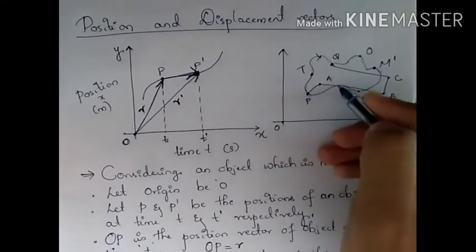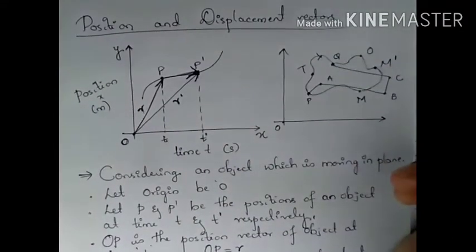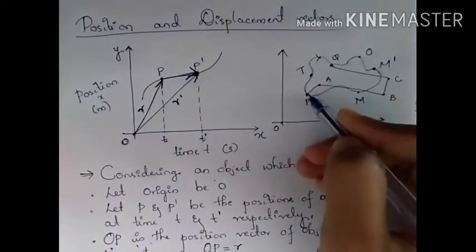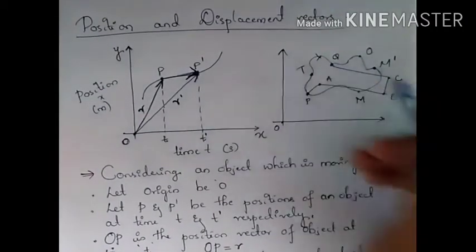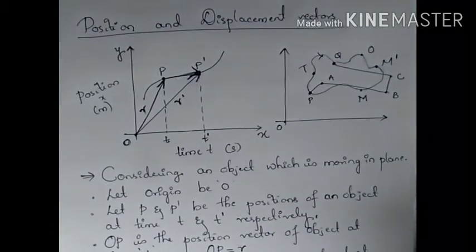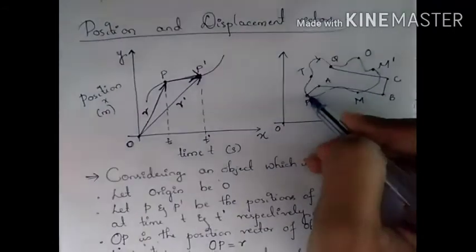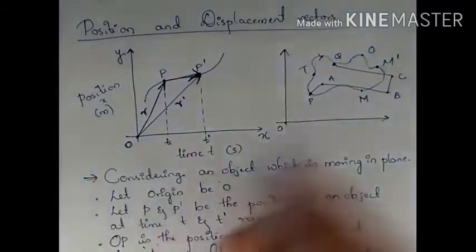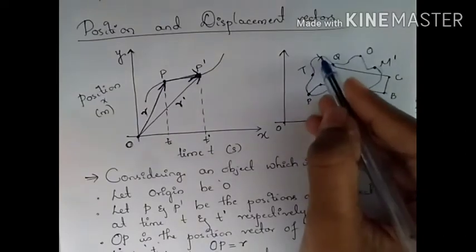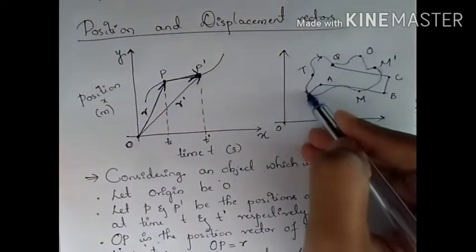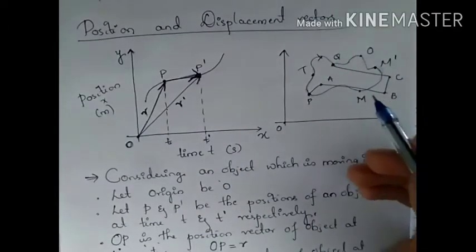The second path is P, M, M prime, O, and finally Q. And the third path would be P, A, B, C, Q. So the object has 3 paths to go from point P to Q. If you want to measure the distance for the first path, then you should go all through the path and measure the distance.